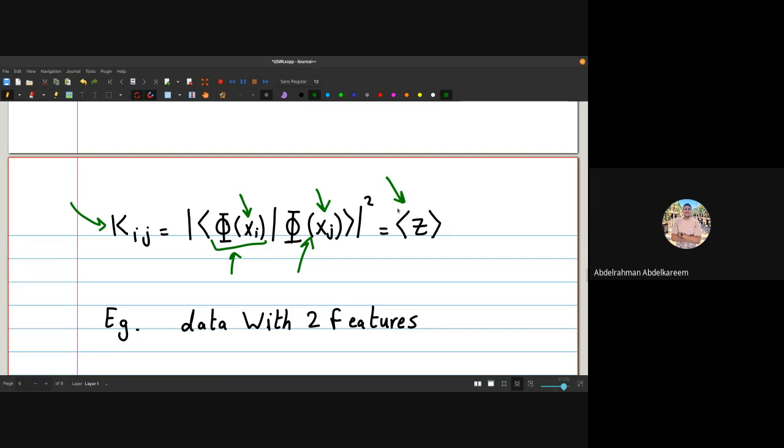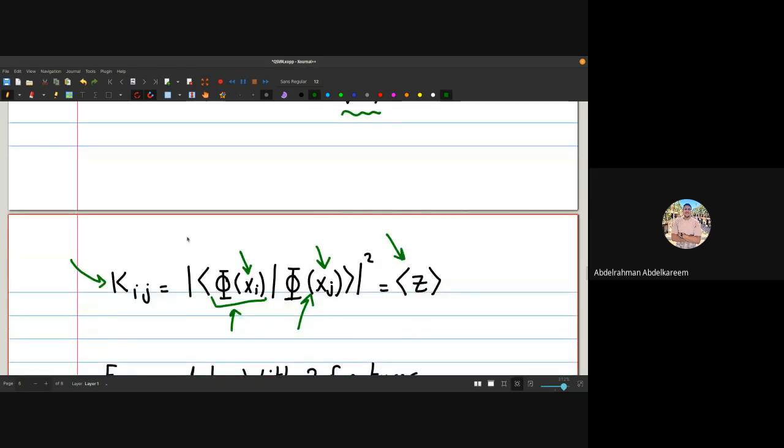So is it clear for now what we are doing here, how we calculate an element in the quantum kernel? Yes, can you go with an example?